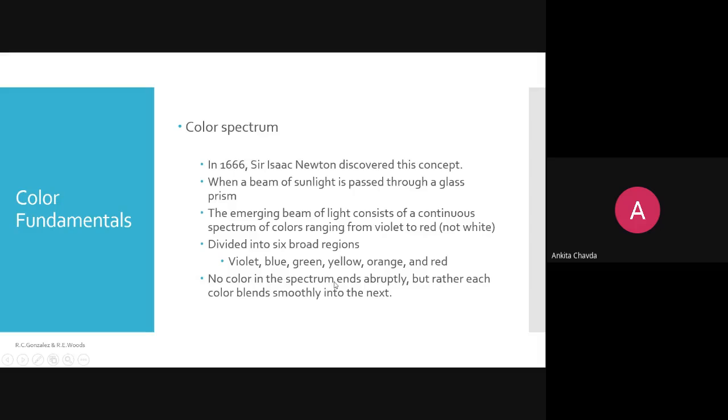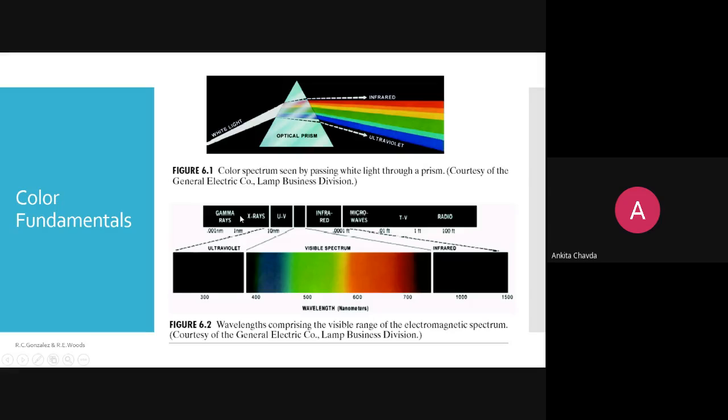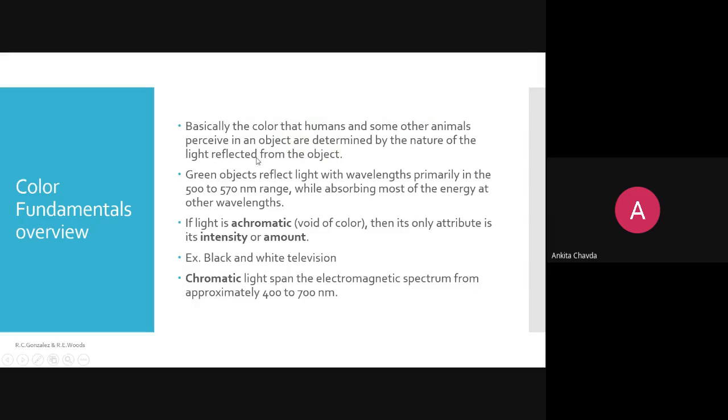No color in the spectrum ends abruptly, right? It is not like they are sharply divided, okay? But rather each color blends smoothly into the next color, always. So that is why we have these different colors in a particular spectrum.